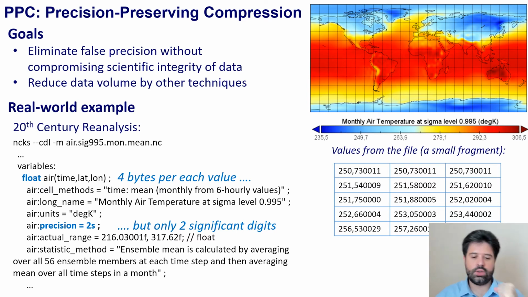Consider a real-world example, air temperature from the 20th Century Reanalysis project. If we look at the metadata, we will immediately notice that the values are stored as floats, that is 4 bytes per value. However, the precision is only up to 2 digits after the floating point. The table on the right shows a small sample of the values.